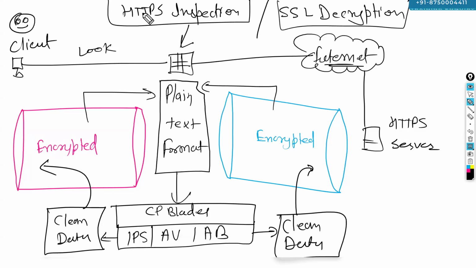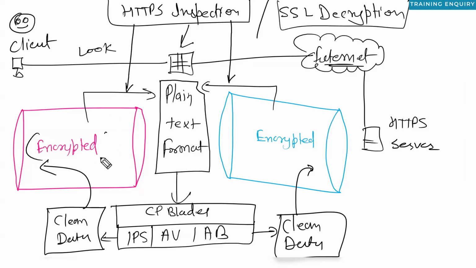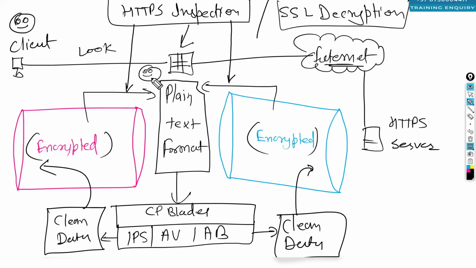But remember, what is the role of HTTPS inspection here? HTTPS inspection will only convert your encrypted data into plain text format so that it can be processed by Checkpoint blades like IPS, antivirus, and antibot blades. With the help of HTTPS inspection, we can see what is going on under the SSL tunnel.